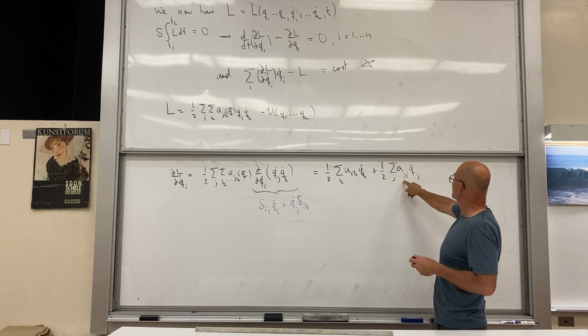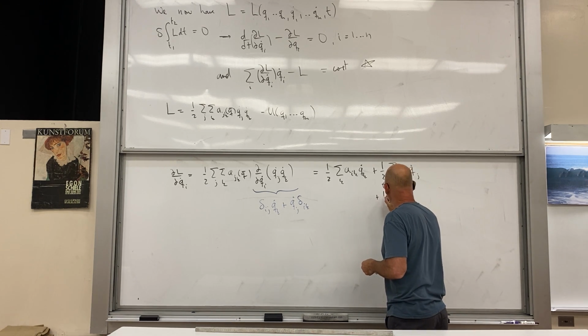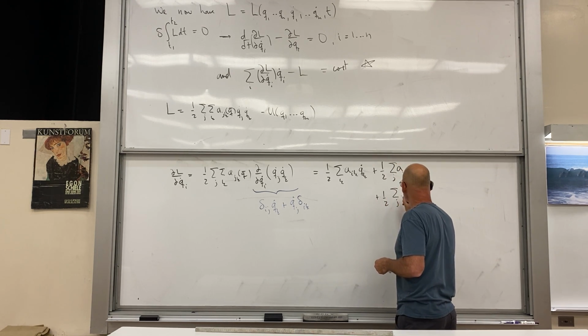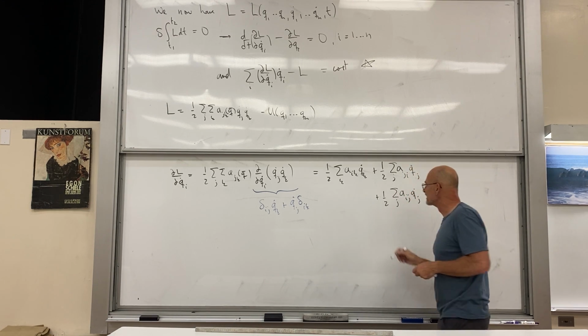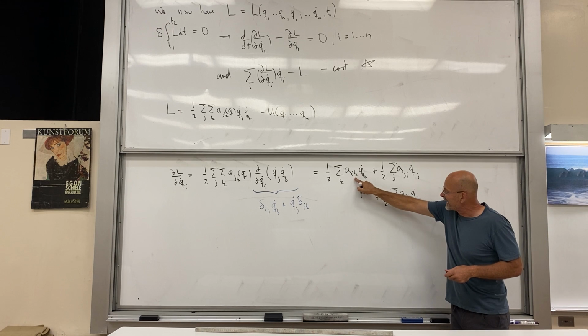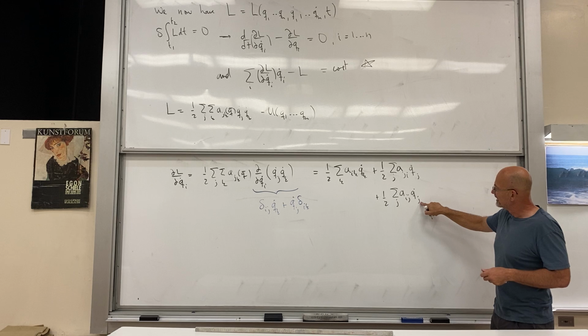So I'm going to get rid of this j. I'm going to call this plus 1/2 sum over j a_ij q_j dot. And then you see I have a_ik q_k dot, a_ij q_j dot.